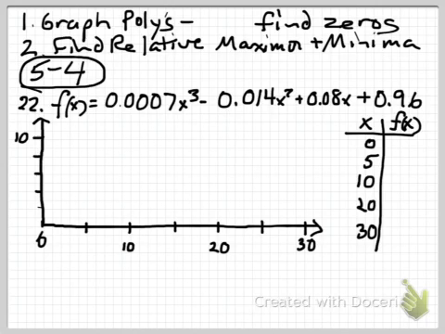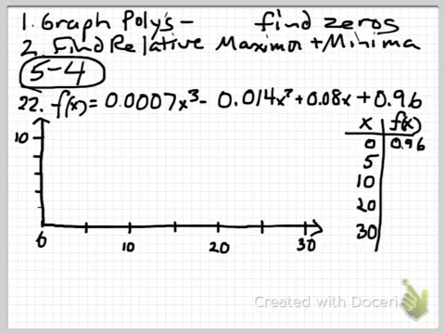Okay, now what I'm going to do is test some values. So I plugged this into my calculator. When you get ugly numbers like this, let's assume that we're allowed to use our calculators. And so now I'm going to say trace at 0. Well, I don't even need to do that. It's 0.96.